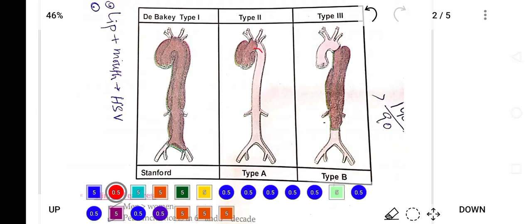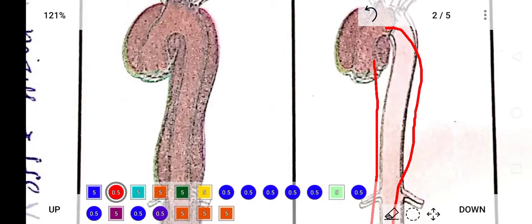Now look here, this is the normal wall of the aorta, but here you can observe that there are two walls. One is this one and another is this one, and the difference between the two walls is the media. So blood is collected here.